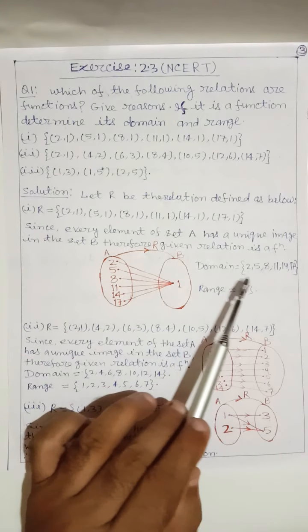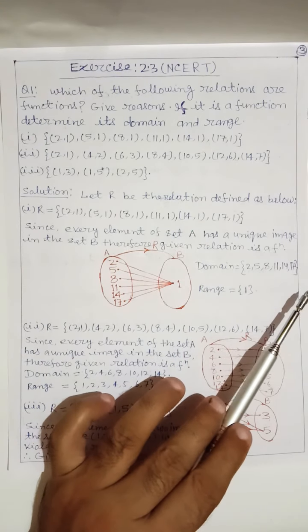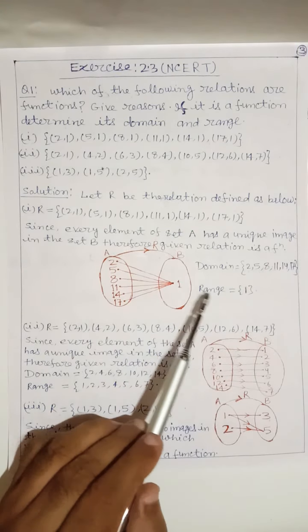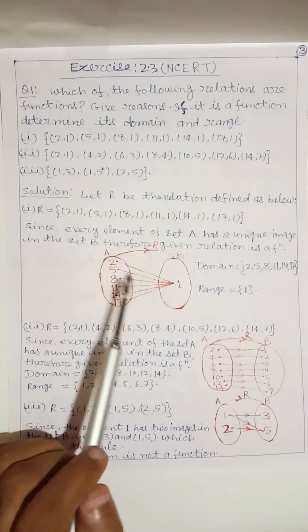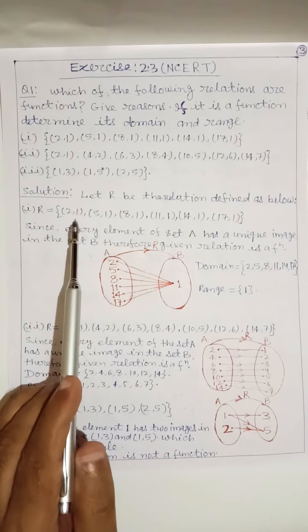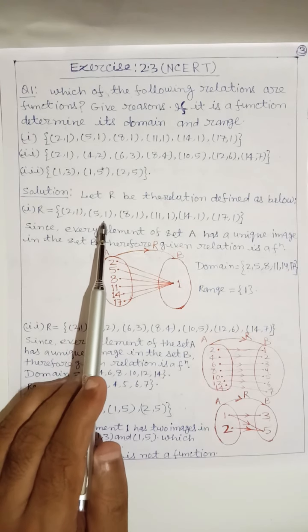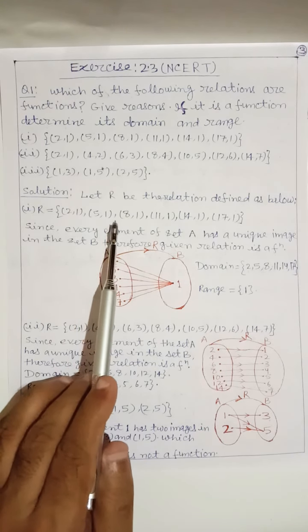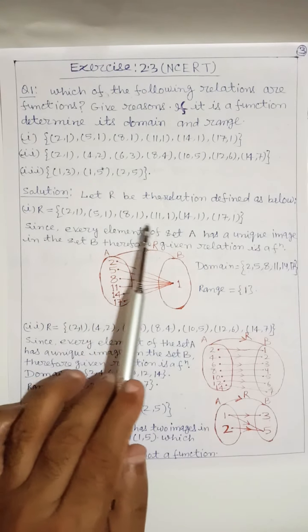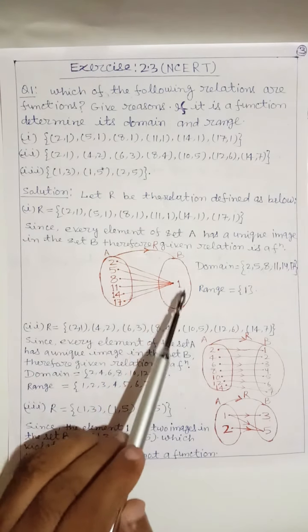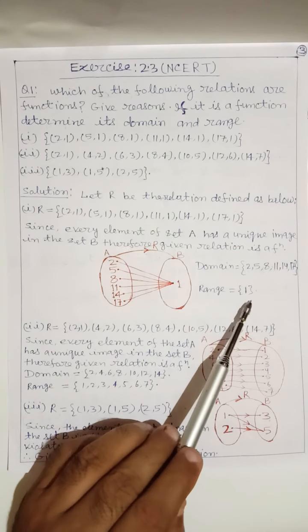So domain is equal to {2, 5, 8, 11, 14, 17}. Range: here the set of all second elements of ordered pairs in the relation, that is 1, 1, 1, 1, 1. So we get 1. So range equal to {1}.